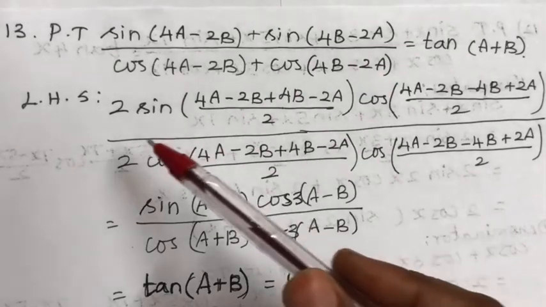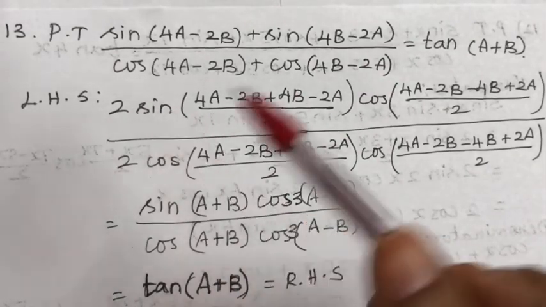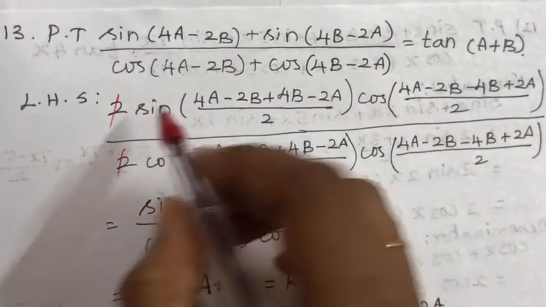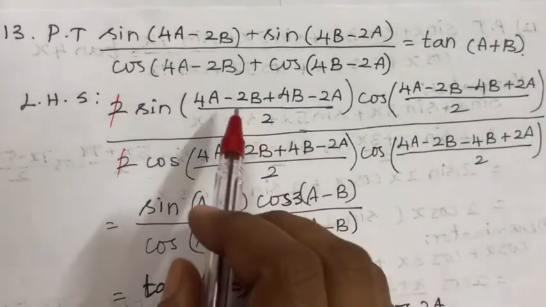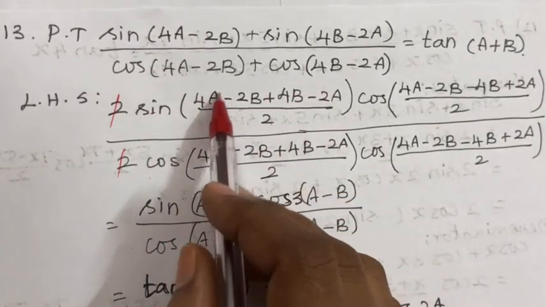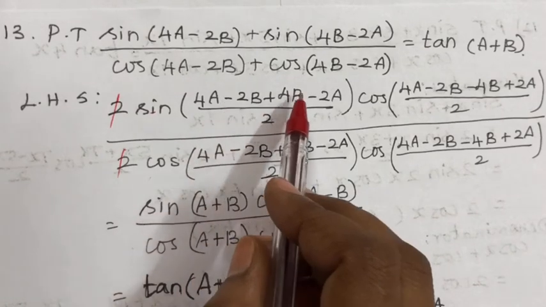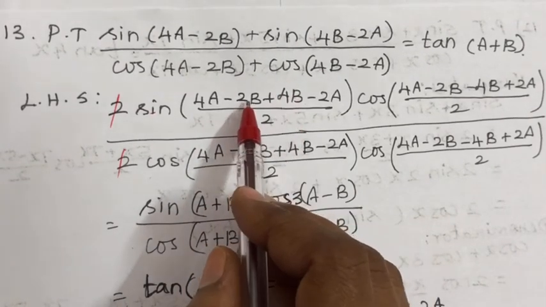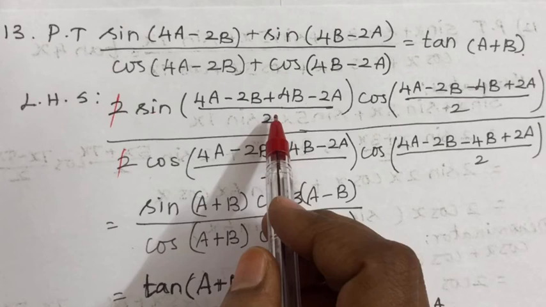Okay, so it is 2 sin, and 2 and 2 will get cancelled. In the sine, 4a minus 2a, so 2a, and minus 4b minus 2b, so a plus b, isn't it?